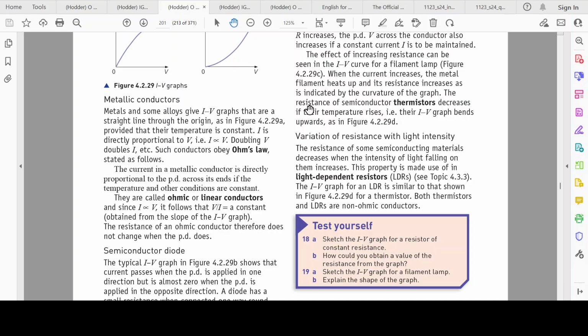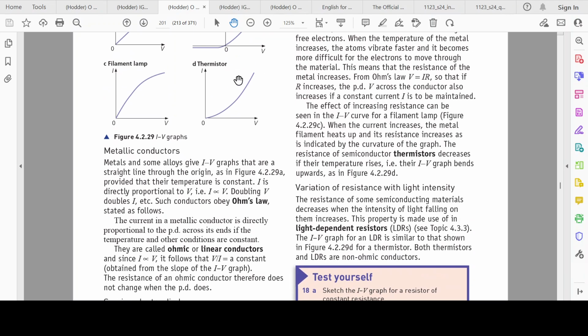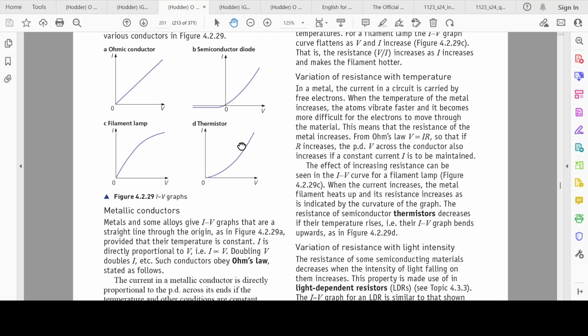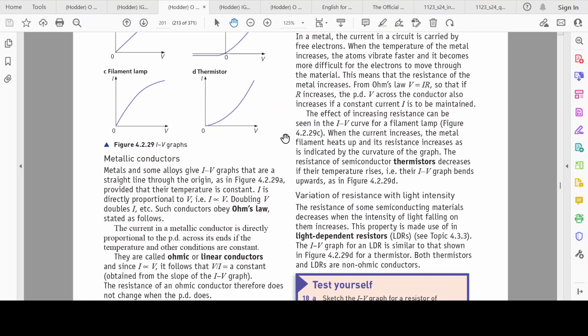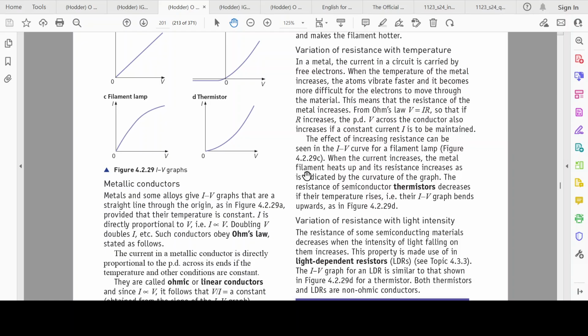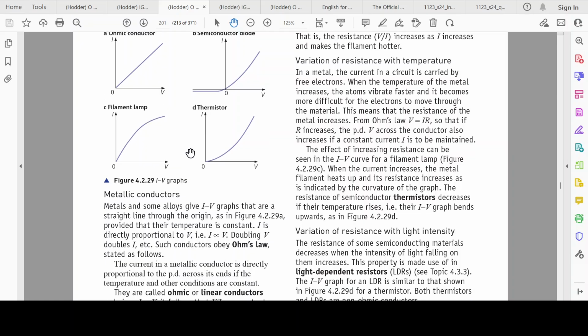Okay, the resistance of a semiconductor. So the last thing we have over here is a semiconductor thermistor, right? Its resistance decreases if the temperature rises. So this is a different kind of material where the effect is opposite, right? Increasing temperature decreases the resistance, and so their graph is different from what you'd expect.